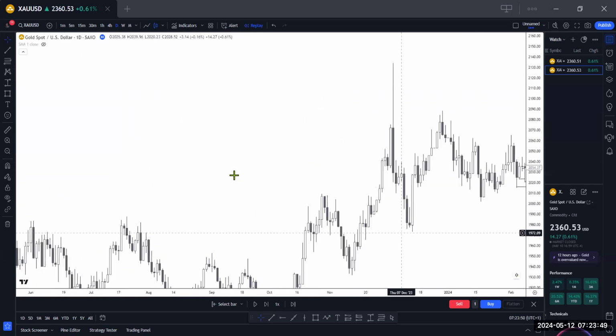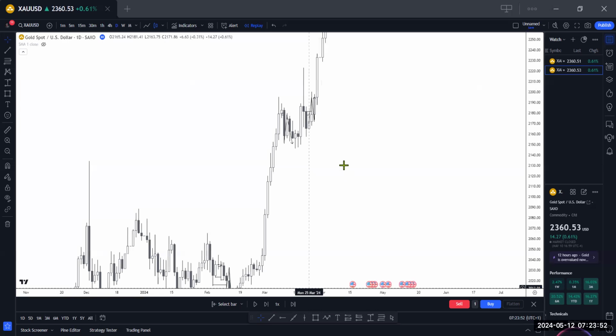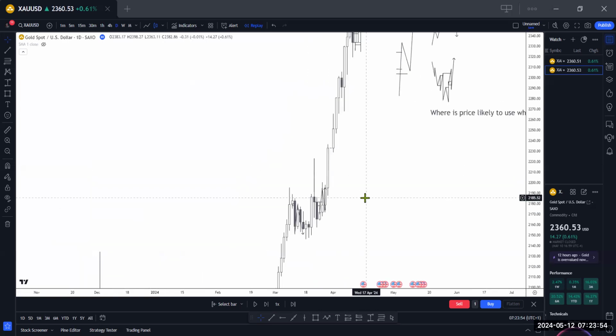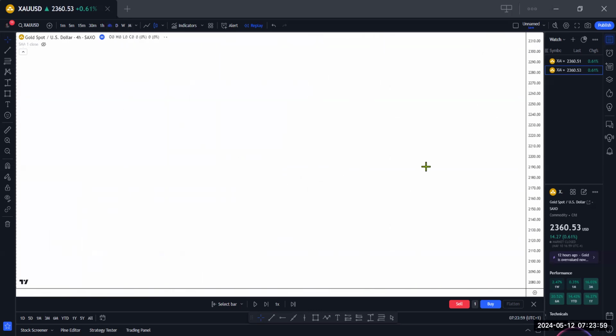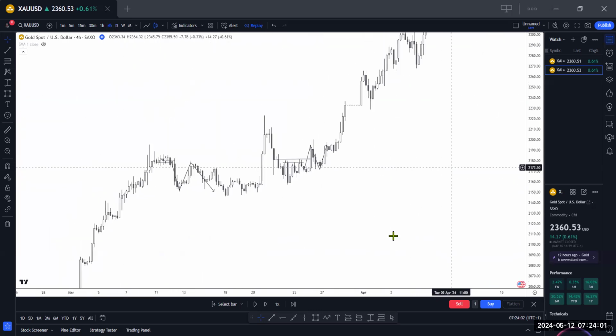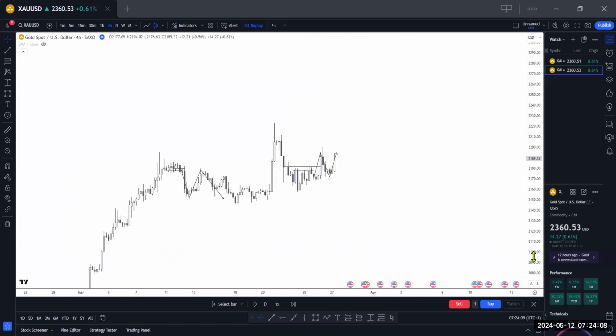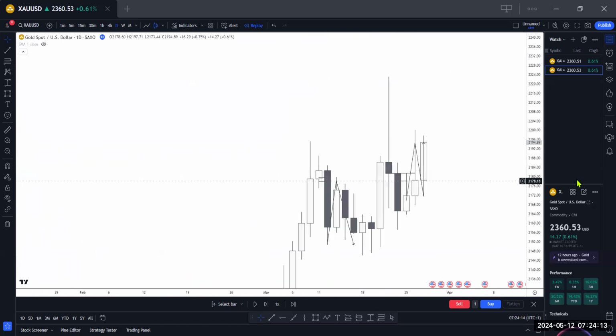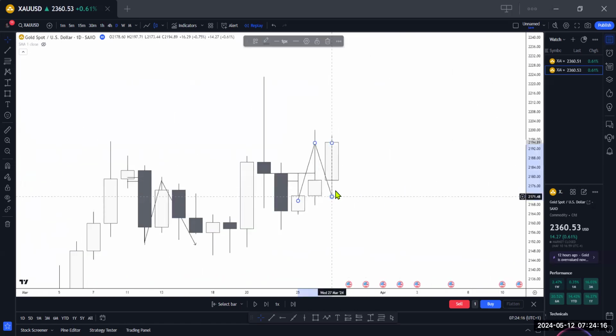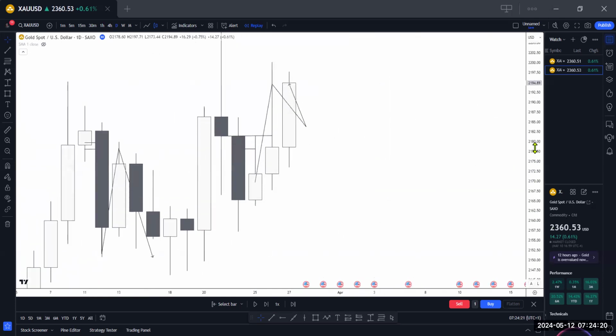If I do the daily, check this out. This level, I think it's this level. So let me go back. On the daily, what would I have chosen as my SNR level?